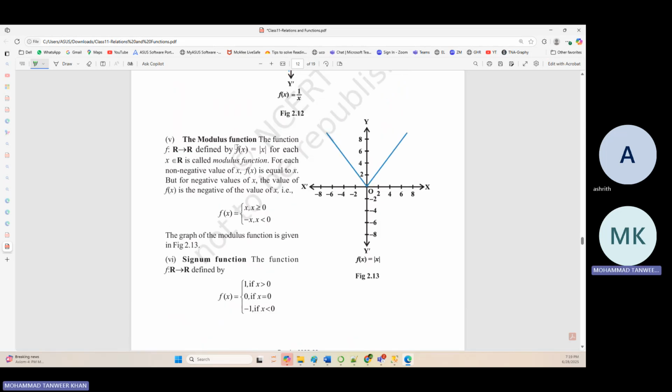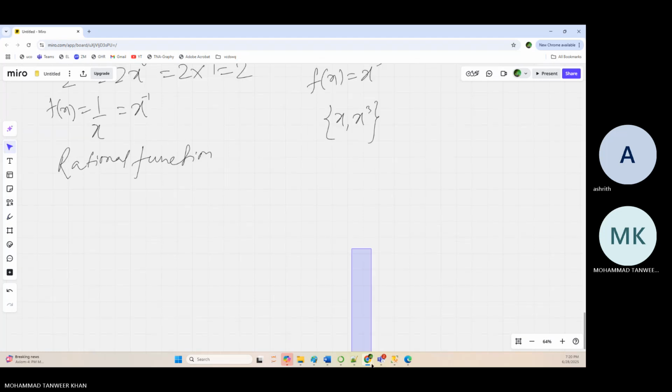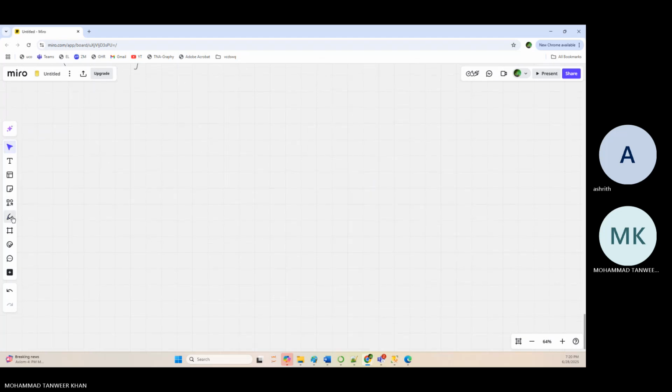Now, the next is the modulus function. This is very simple. The modulus function is denoted like this. What does that line mean? This is a bar.